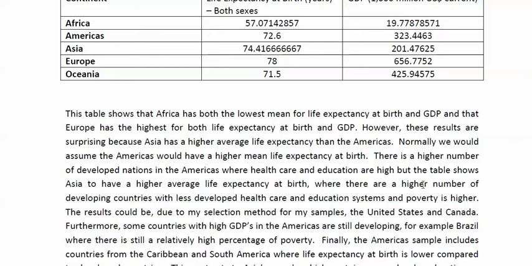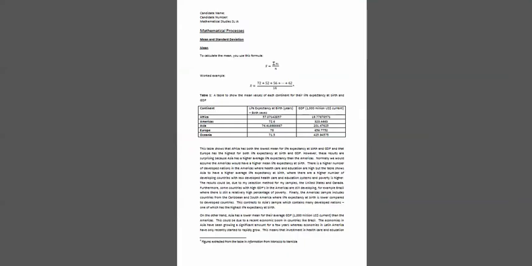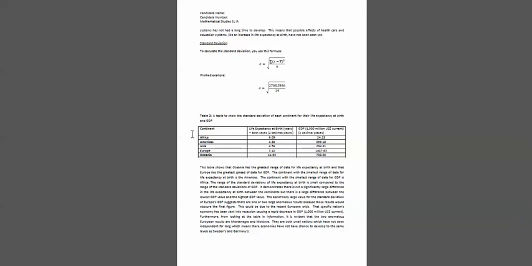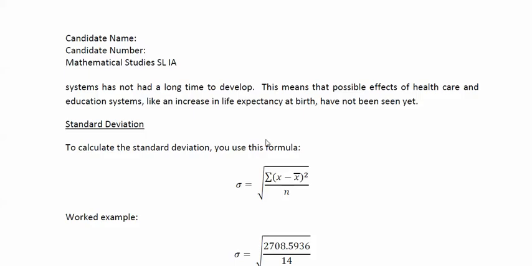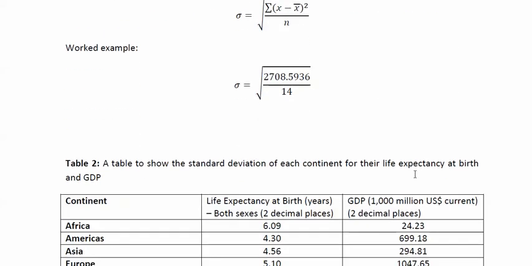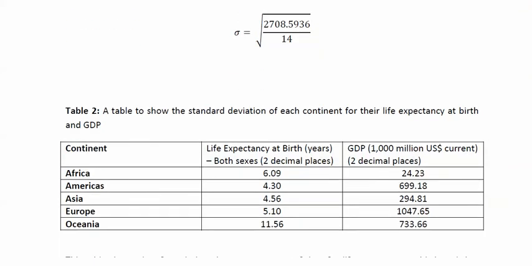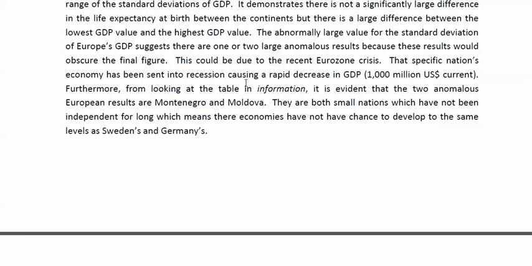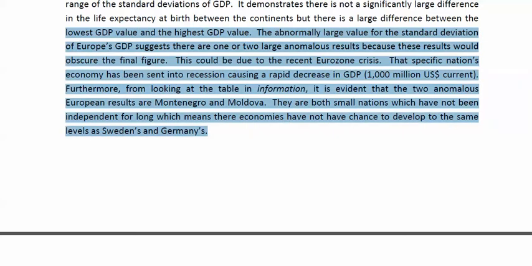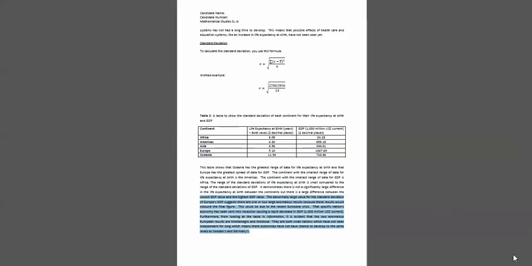That goes through the entire project, so every time the student has done a calculation. For example, here's the standard deviation being calculated, here's an example of standard deviation, here's the table of all the different results, and underneath is an analysis and interpretation of the results.